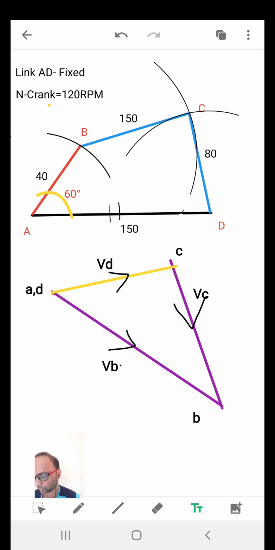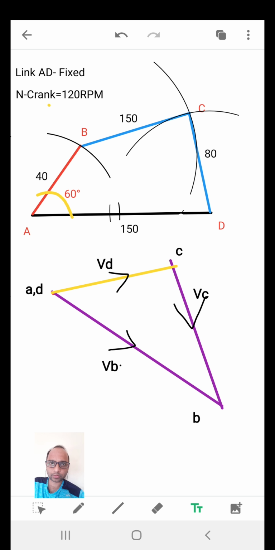So we have to measure the vector line VD, that is our vector line CD.